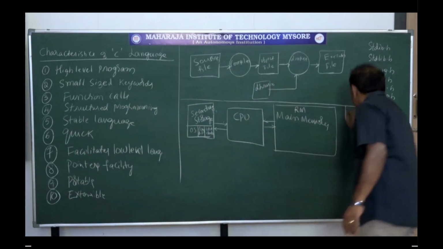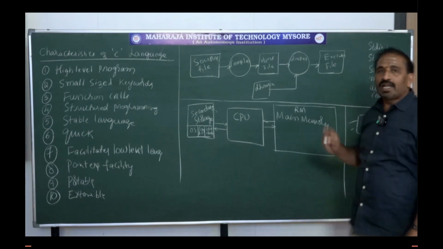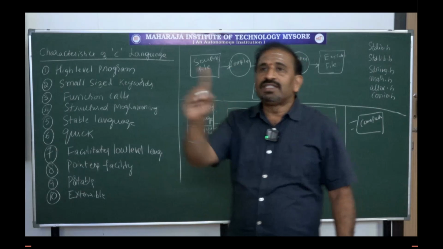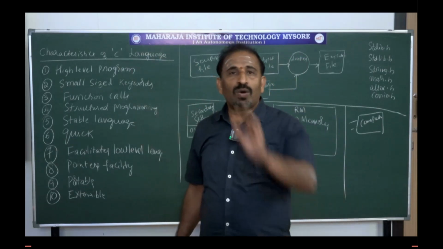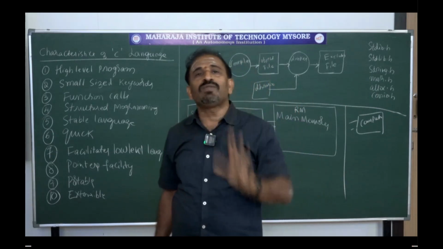Now, if you really consider your computer, as I told you earlier, the computer can understand 0 and 1. Any instructions that you give should be in the form of zeros and ones.